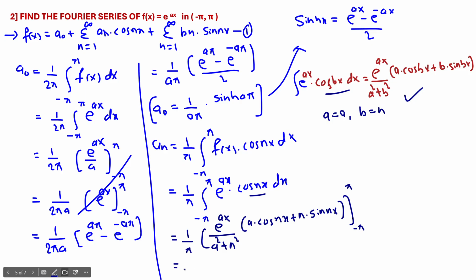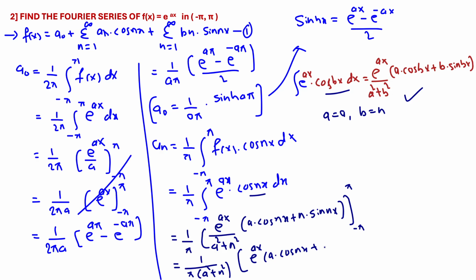So 1 upon pi, a square plus n square is constant, so I'm taking it outside. In bracket we will get e raised to ax into a cos nx plus n sin nx, and limits again the same, minus pi to pi. Now an is equal to 1 upon pi into a square plus n square.